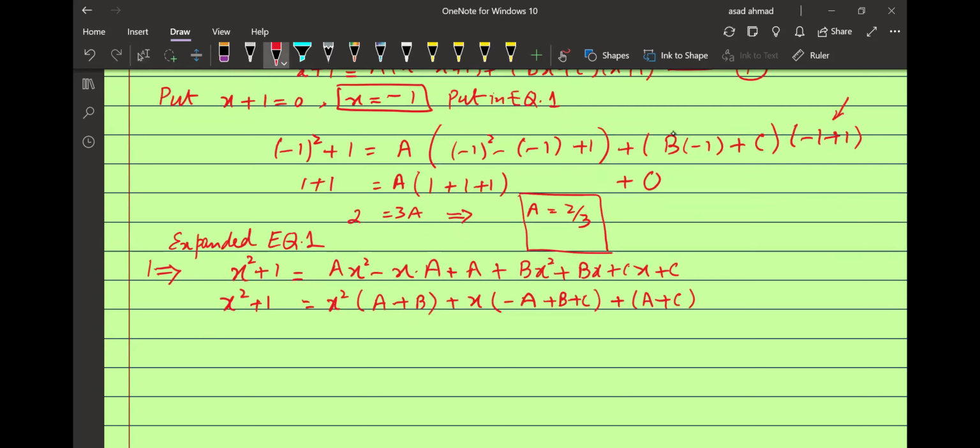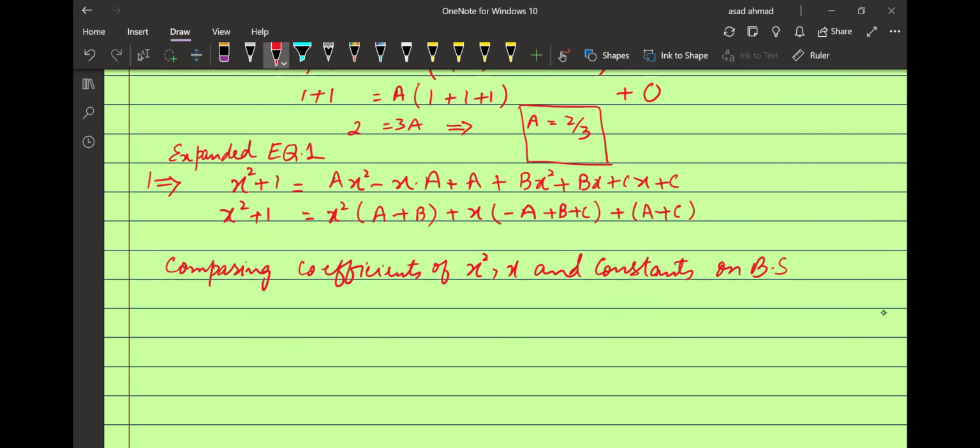Now, we will compare the coefficients of x square, x, and constants on both sides, so that we can form the new equations.